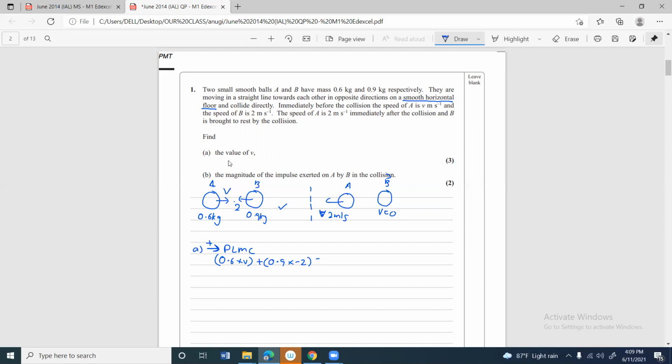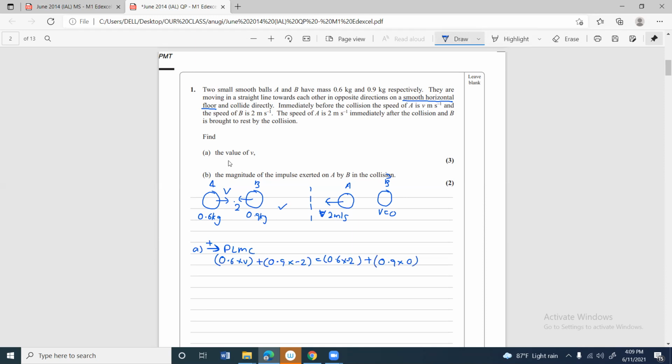It equals 0.6 times minus 2 plus 0.9 times 0. I just made a mistake, it should be 0.6, because A also turns the other way around, and B is at rest.